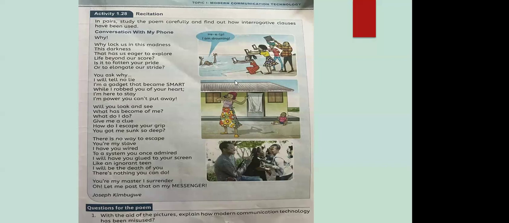Melissa, Noeline, is that your background? Where are we getting this noise from? Are you watching TV? No, I'm not watching TV. Okay, I think we now have order. I wanted people to mute. Let's have Noeline read. Now, Noeline, please start with the title, Conversation with My Phone.